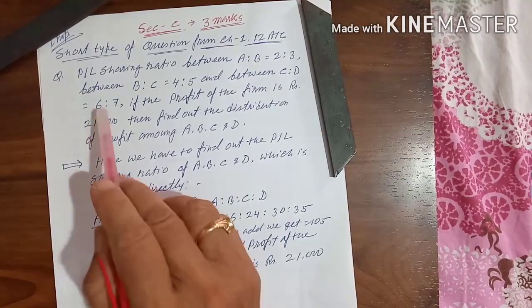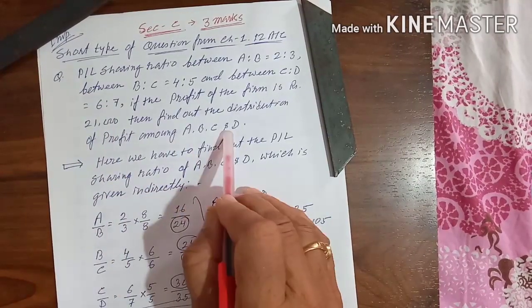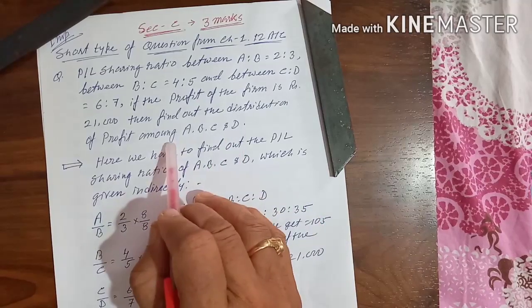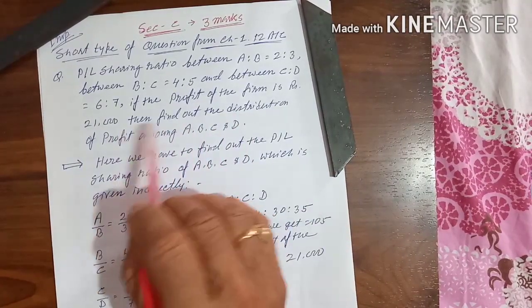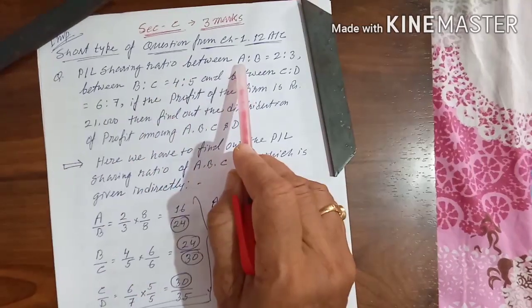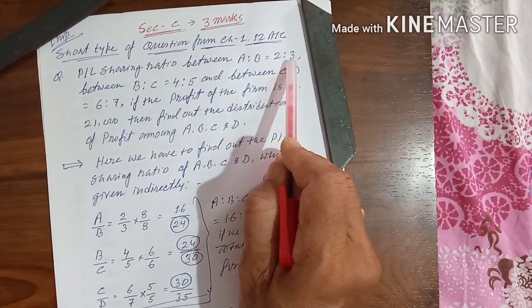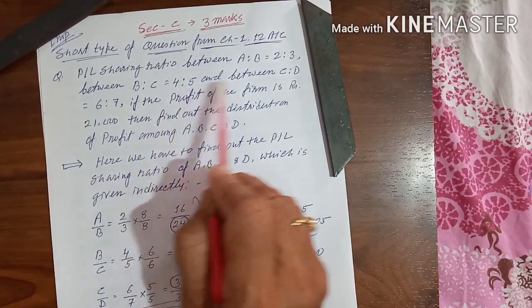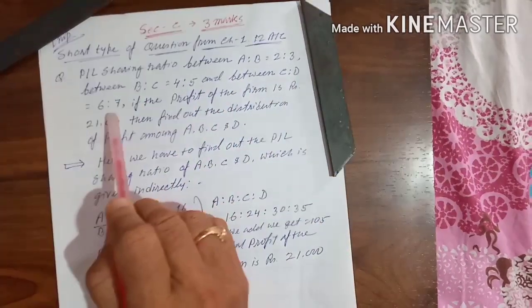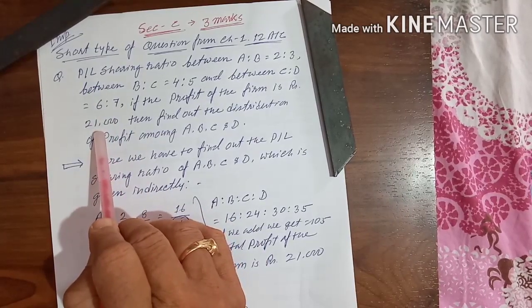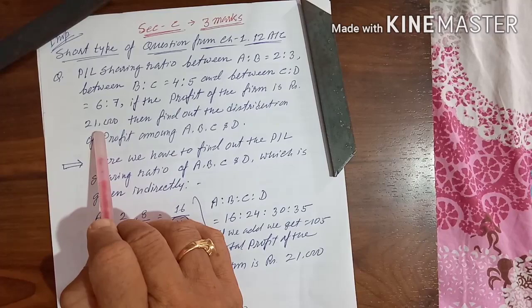Here in your question, 4 persons are there, A, B, C and D. The ratio of all 4 persons directly is not given. It is given between A and B as 2 is to 3, between B and C as 4 is to 5, between C and D as 6 is to 7, and the profit is given as 21,000.